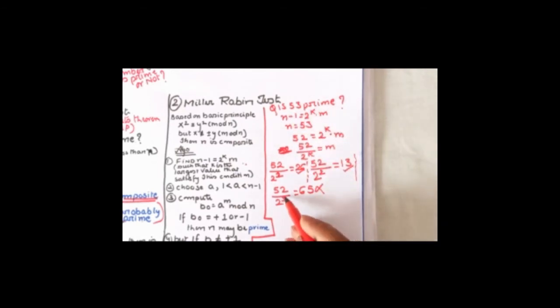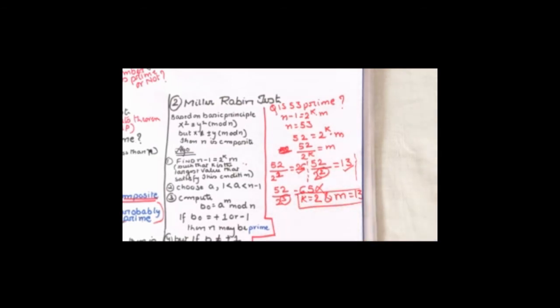So basically my largest k is now going to be 2. So I'm going to choose my k as 2 and my m value as 13.